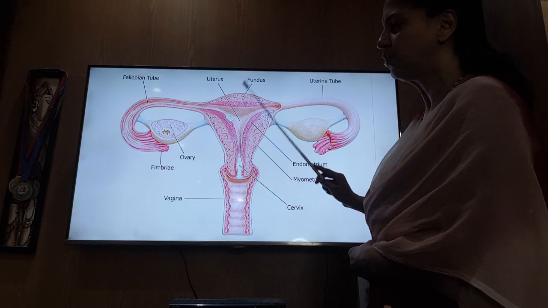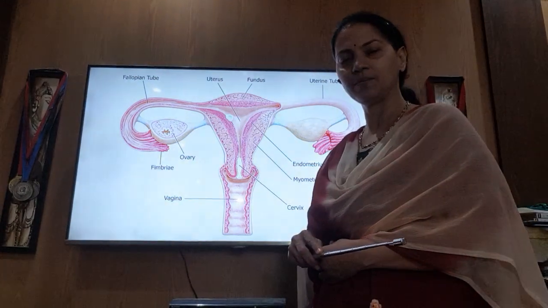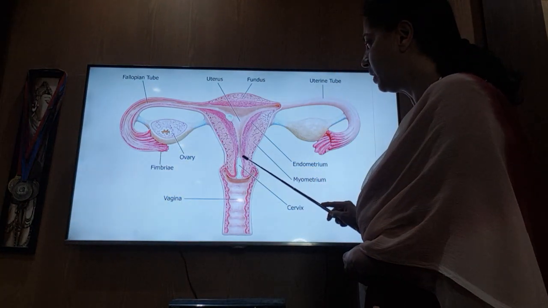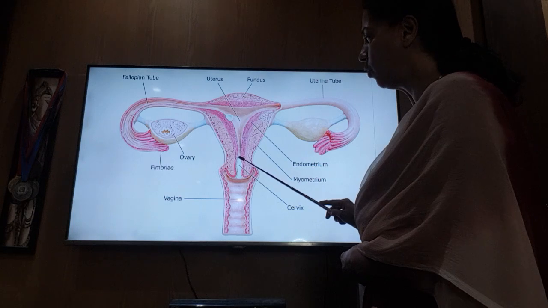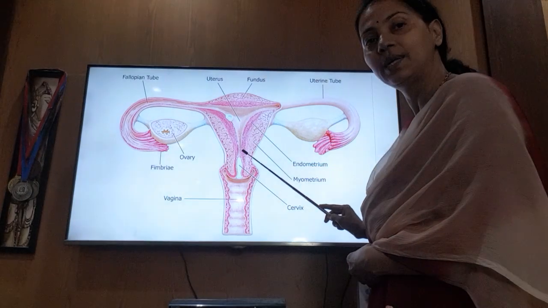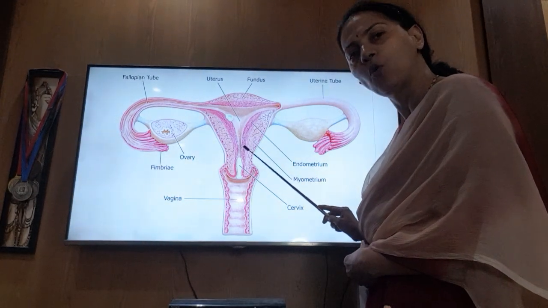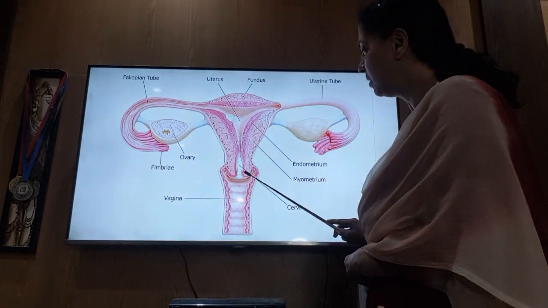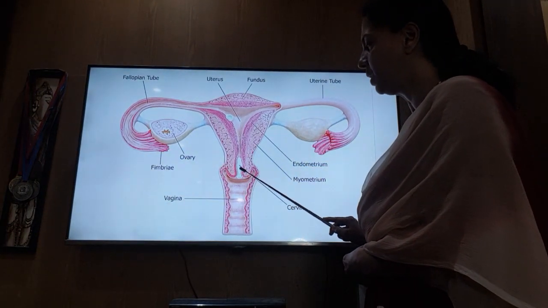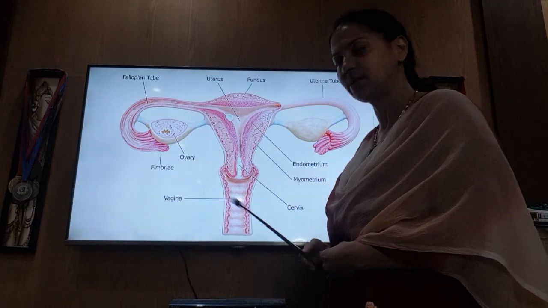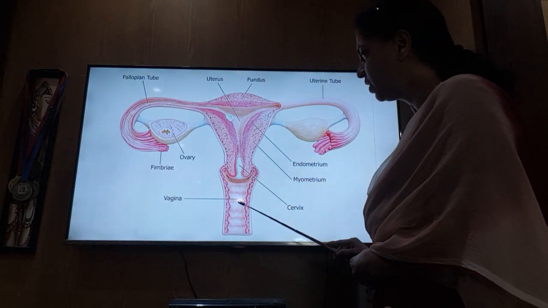A narrow portion is always called isthmus, and the internal opening of the cervix is called internal os. Os is opening, mouth, and this outer opening is called external os, which opens in the vagina.